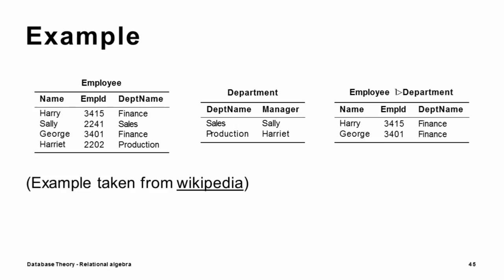So anti-joining employee and department returns Harry and George.